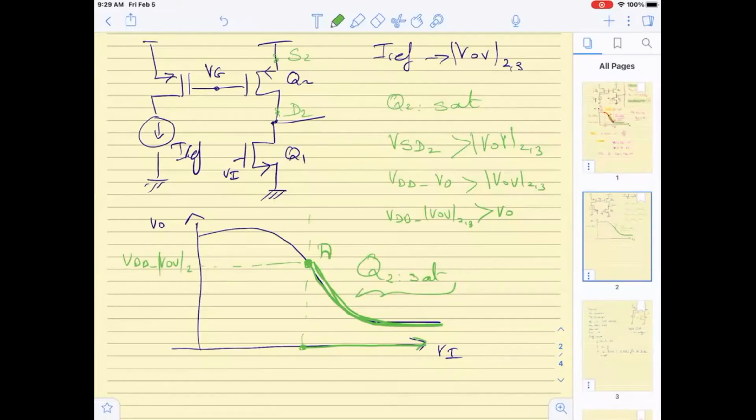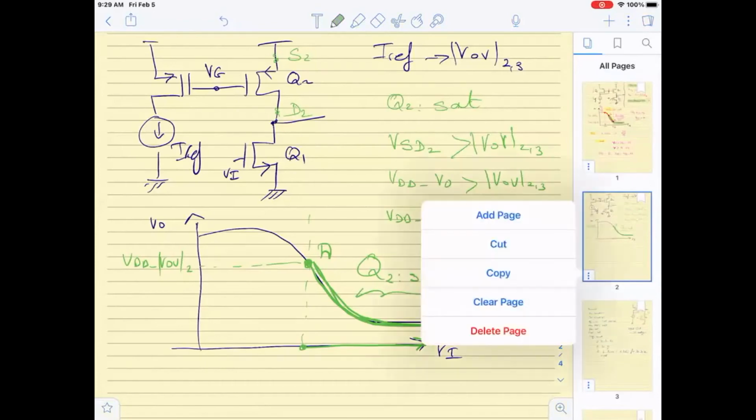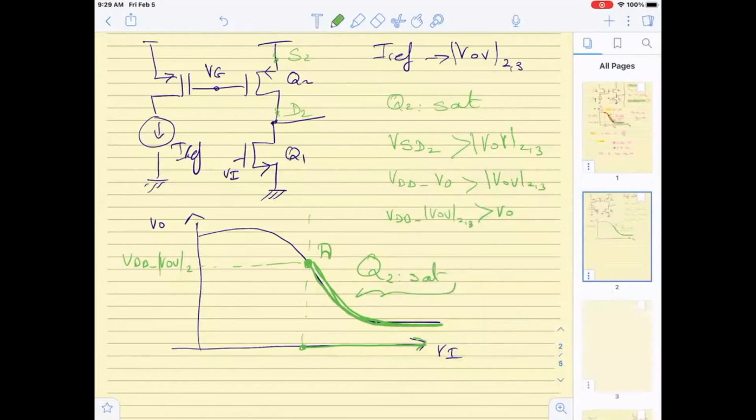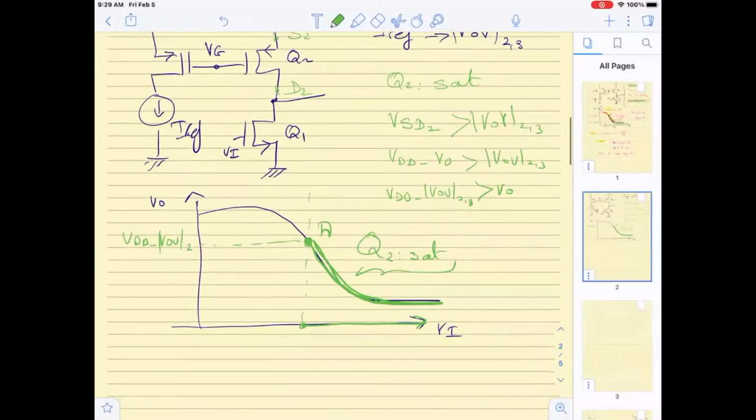Yes. Okay, great. Now, the second thing that we need to worry about is when Q1 is in saturation.